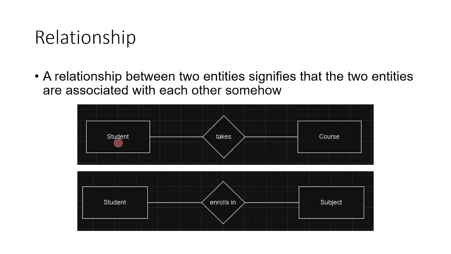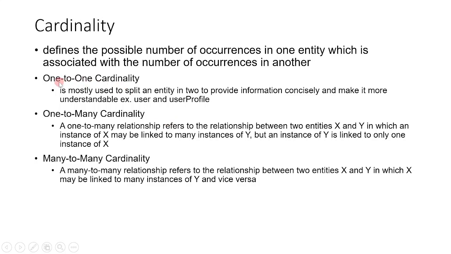For example, student and student profile, personal profile. Okay, and if we have a student split into two with a profile, therefore there would exist a one-to-one cardinality, meaning one student can have one profile. Okay, example here, user and user profile. Okay, so that's one-to-one cardinality.